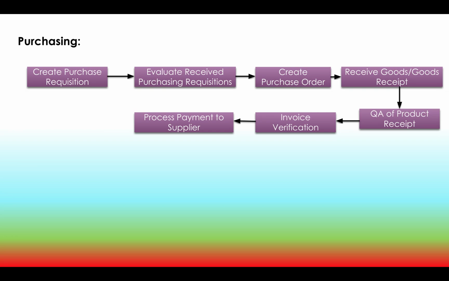These things come under indirect materials. What is service? A service is not a material or product. For example, cleaning the office or painting the walls. These kinds of services can also be procured from suppliers.